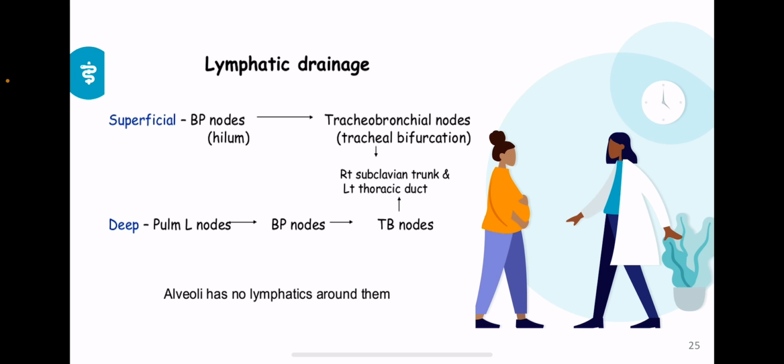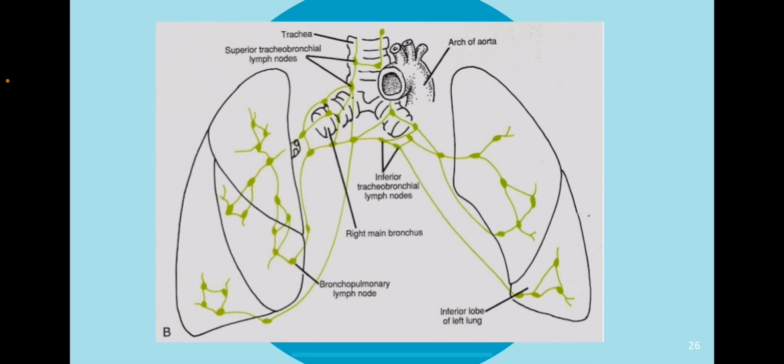We also have the deep lymph nodes with pulmonary lymph nodes and bronchopulmonary nodes, and to the tracheobronchial nodes, which again go to the right subclavian trunk and the left thoracic duct. The alveoli have no lymphatics around them. This image shows a picture of the lymph nodes.